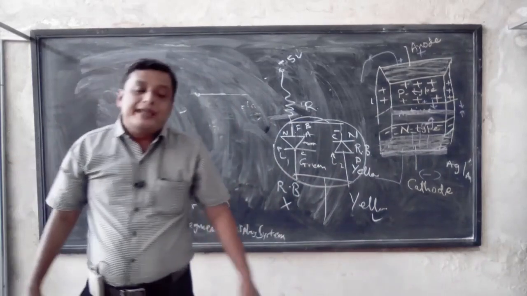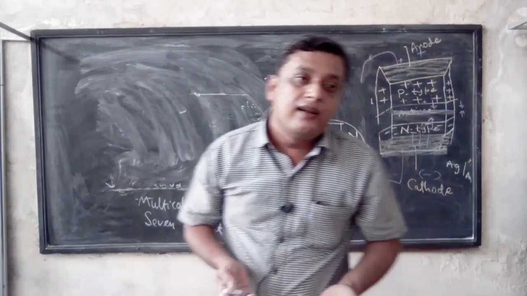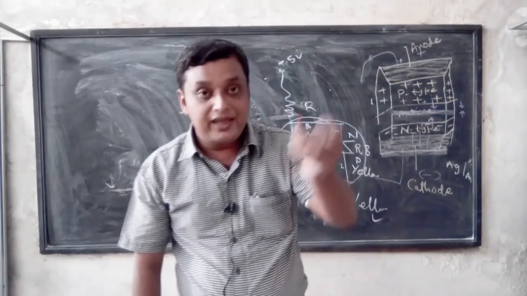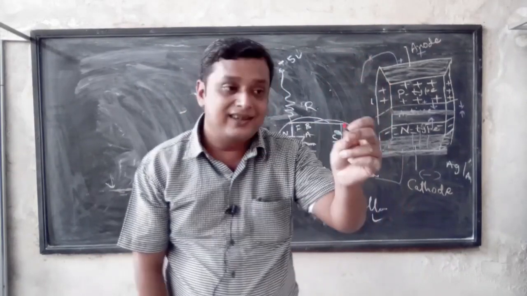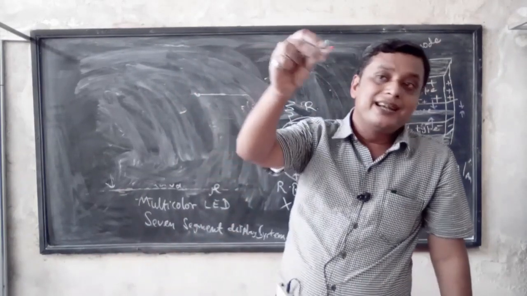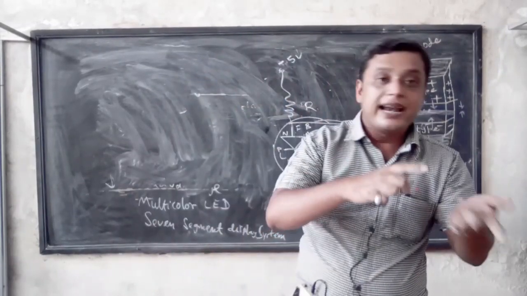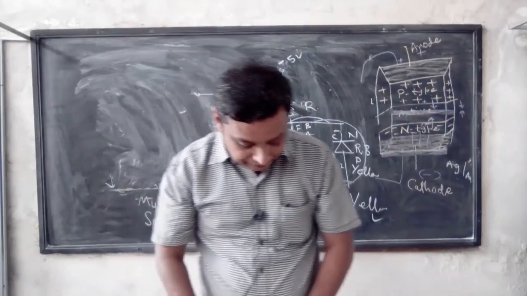So depending on the applications, a combination of the colors can be used. For example, this is also a combination of LEDs. Whenever I need red color light, whenever I need green color light, for the combination of green and red color, this is a multicolor LED.